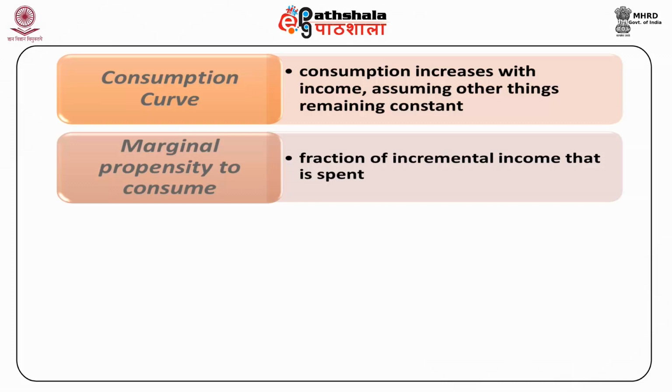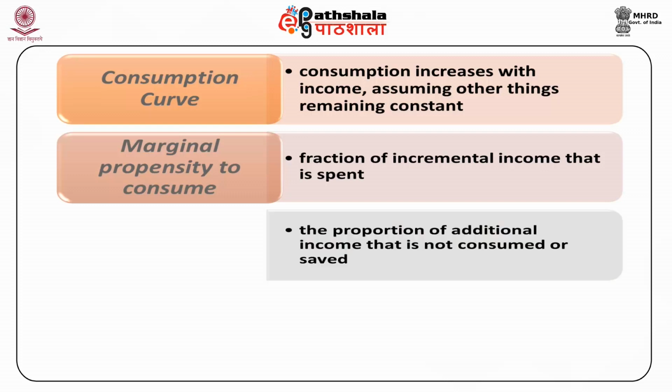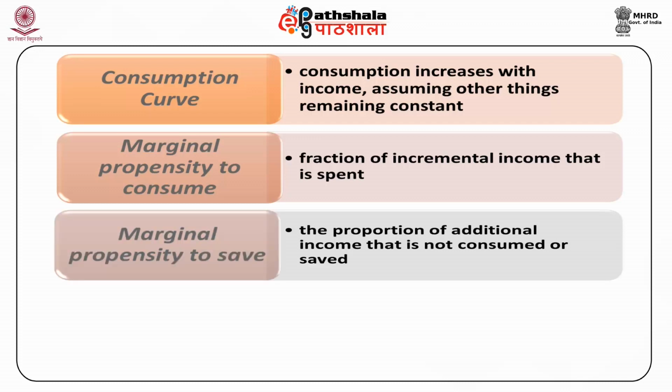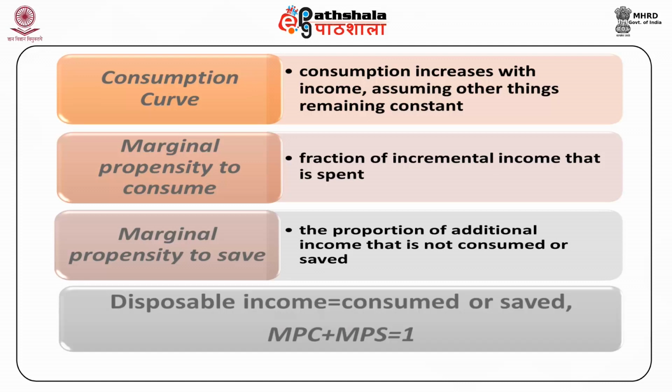APC and APS fall as income increases. The proportion of additional income that is not consumed or saved is referred to as marginal propensity to save MPS. As the disposable income may be either consumed or saved, the marginal propensity to consume plus marginal propensity to save must be equal to 1.